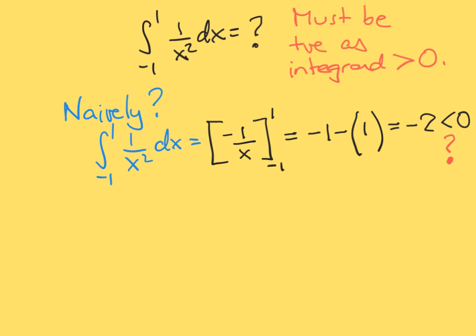So the thing to do is to go back and look at the integrand, the function that we are integrating. So I'm going to sketch the integrand. It's always going to be greater than or equal to 0, so I can draw the x-axis towards the bottom. There's not going to be anything below the x-axis. As x gets larger, this is going to tend to 0 from above because it's positive.